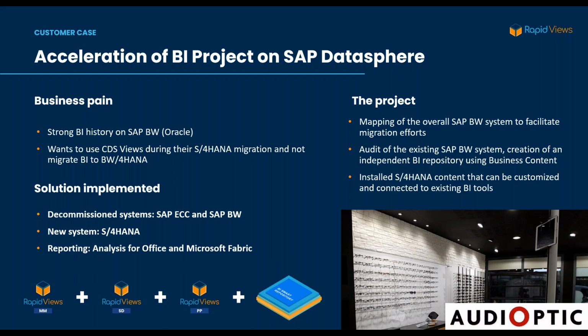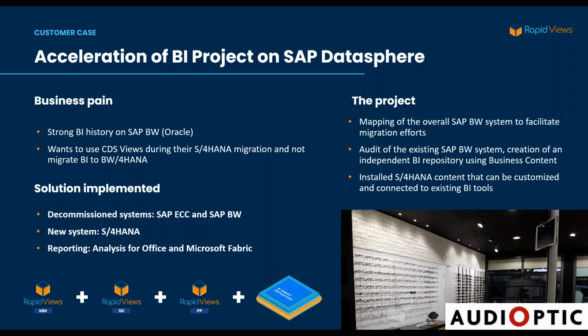Finally, they did not need a data warehouse, so they decided to have an S/4HANA BI implemented on the CDS layer, and on top of this CDS layer, with RapidViews MM, SD, and PP, they have MicroStrategy reports and also some Analysis for Office.